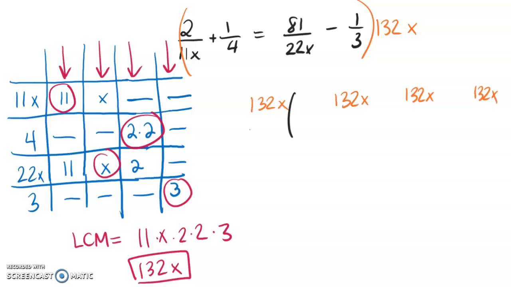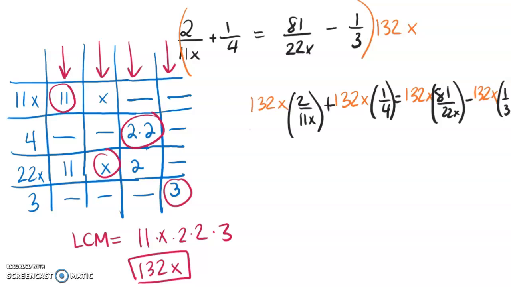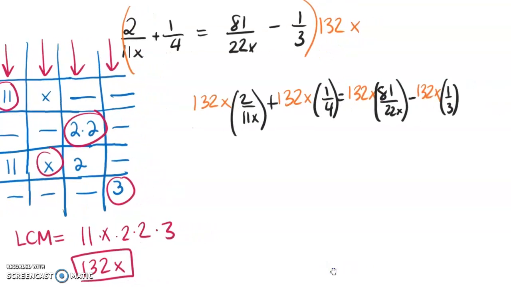And it'll be 132x times 2 over 11x. And it'll be 132x times 1 over 4. It'll be 132x times 81 over 22x. And it'll be 132x times 1 over 3. So now let's do some simplifying and factoring out.